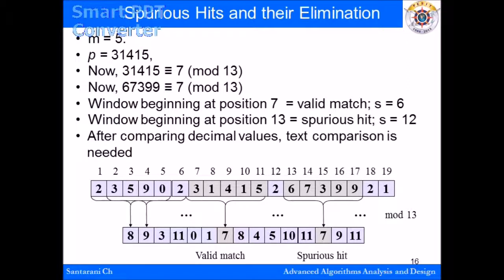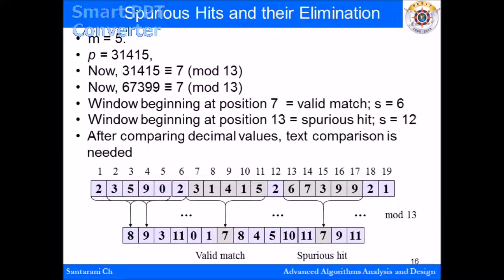Spurious hits. After finding that the mod value matches, we have to verify again to see whether it is just a spurious hit or whether it actually gives the desired match. Here for example, p equals 31415, m equals 5.